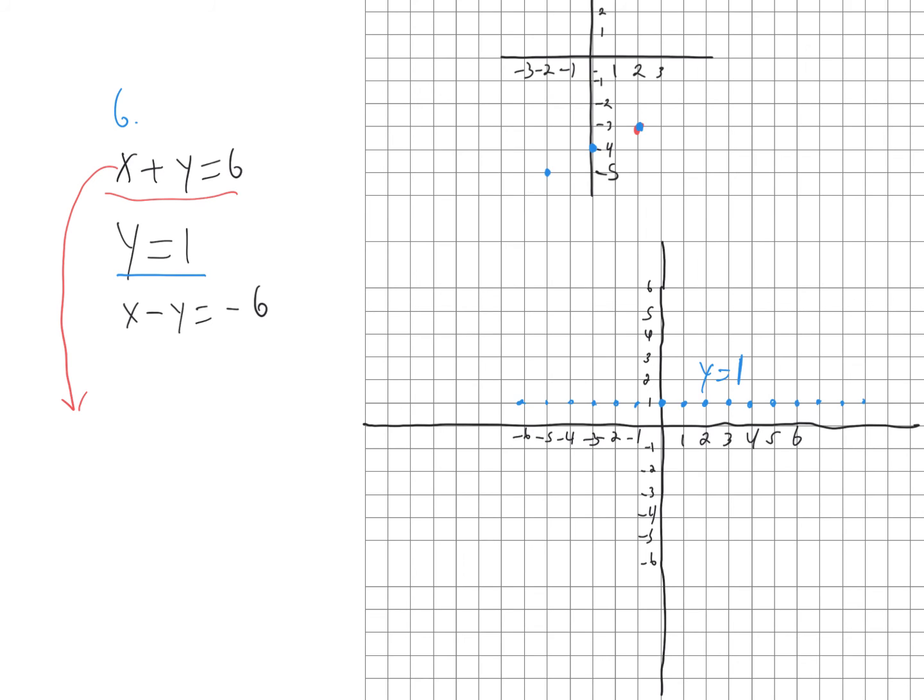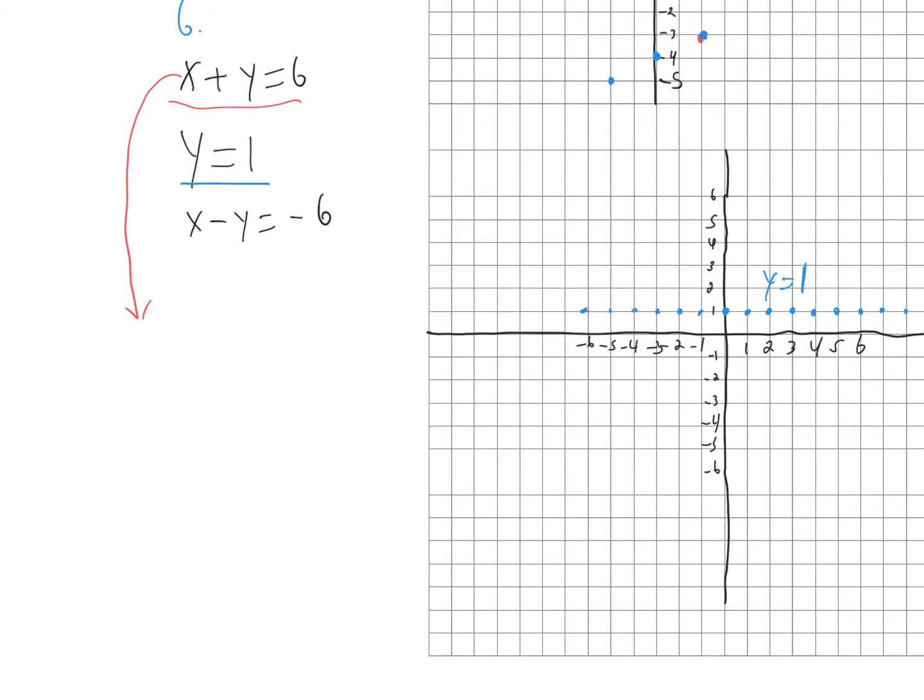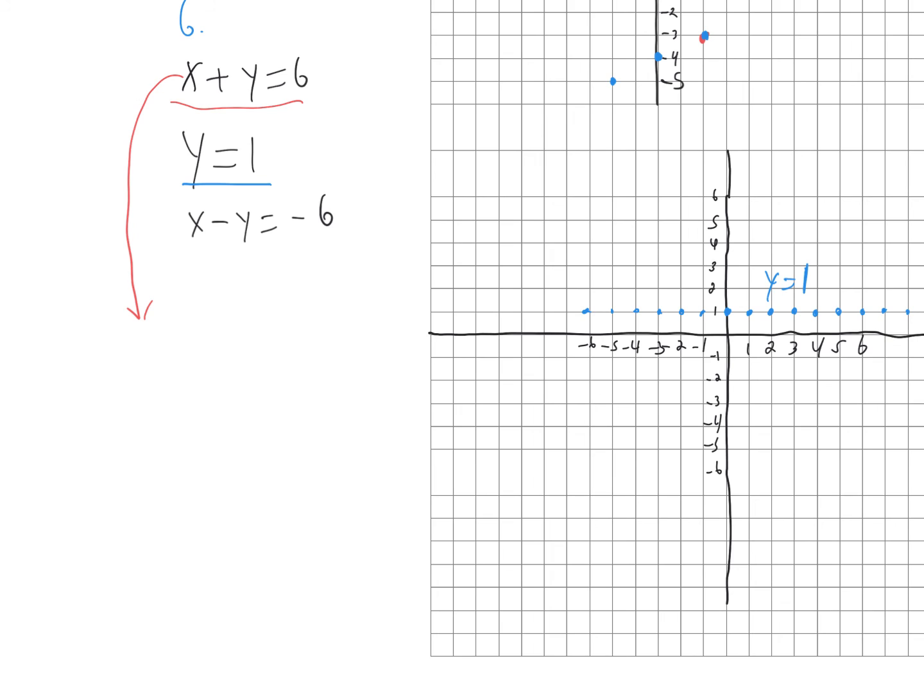First off, let's look at how this equation should look. We have x plus y equals 6. What I want to do is subtract x from that side, so I'm going to wind up with y equals 6, take away x. And I'm going to graph this line.